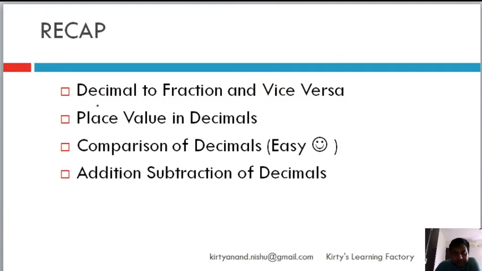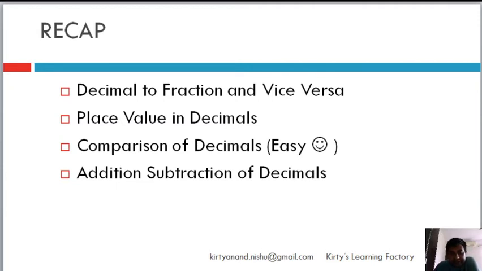Before that, let's quickly see what we learned in the previous video. So we were doing decimals, okay, and we learned how to convert a decimal into a fraction and vice versa. We learned about the place value in decimals, so basically how the place value changes after the decimal towards the right-hand side. Then we learned comparison of decimals, which was fairly basic, very easy.